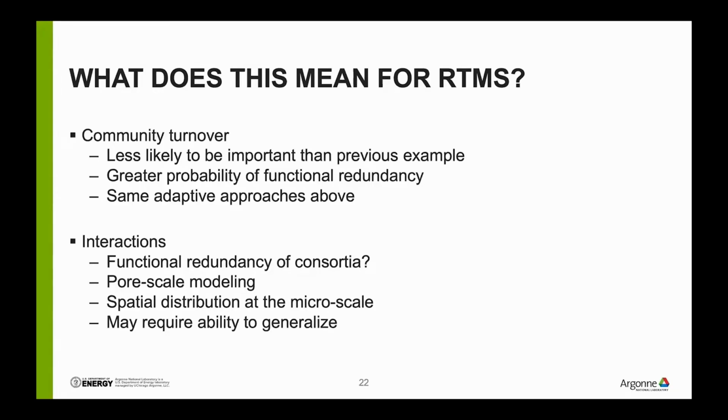How does that spatial distribution at the micro scale matter for the macro scale? And how redundant are these consortia? Is it having a big impact on what happens? Can we substitute one consortium for another in these models? And what's the sensitivity of that? How much does it change our model output, right?